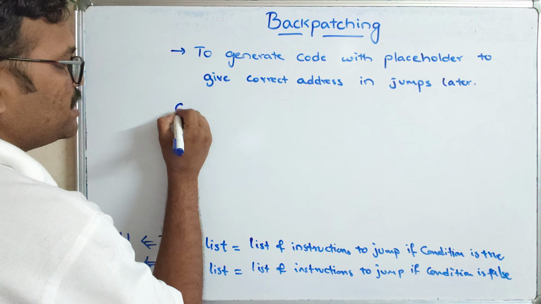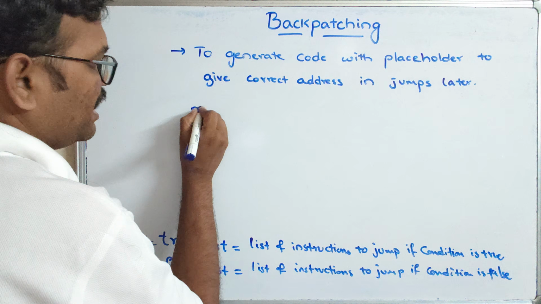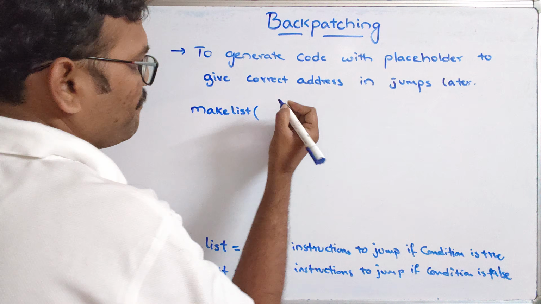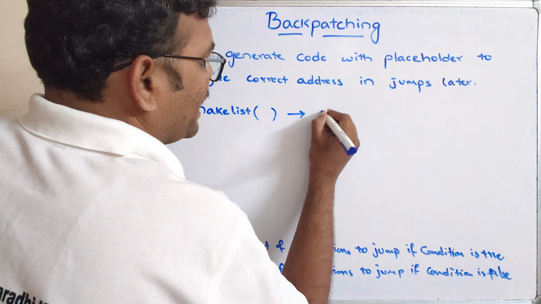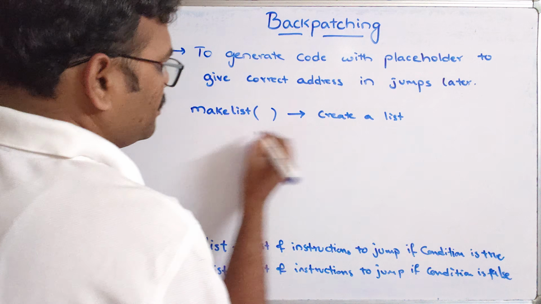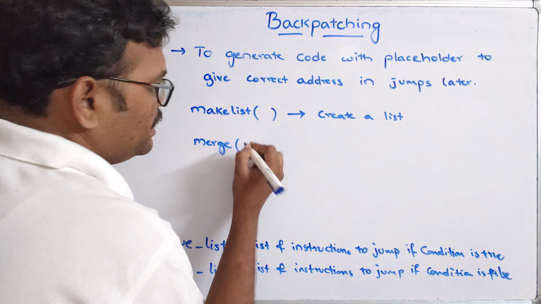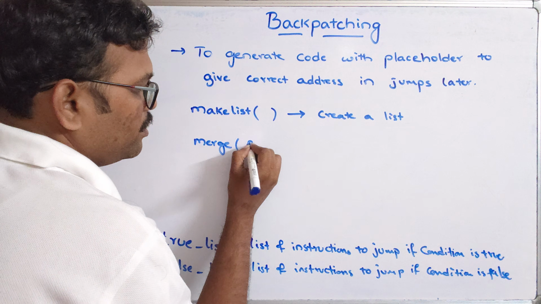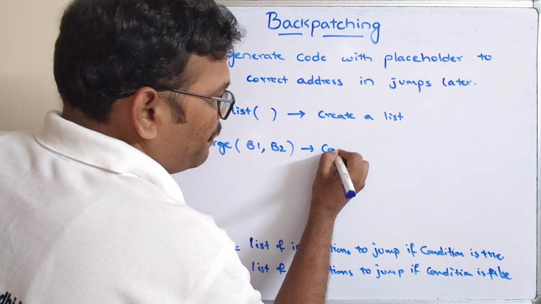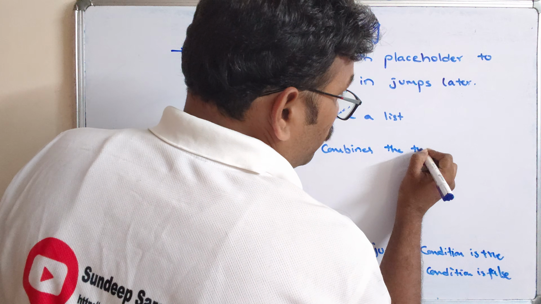One is makelist. Makelist is a function which will create a list, and the merge function. Merge B1 and B2, so two conditions, it will combine the two lists.